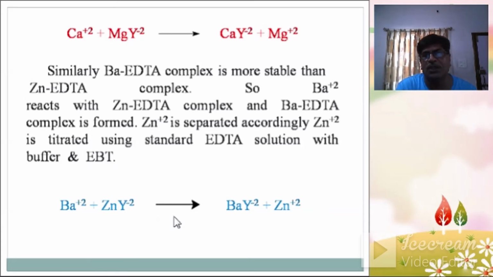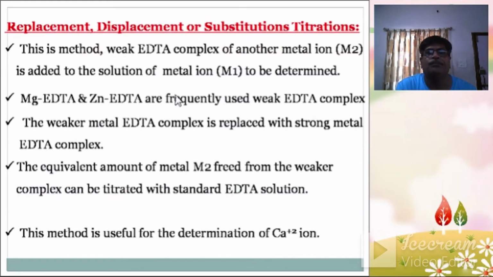Now let us discuss replacement, displacement or substitution titration in general form. In this method a weak EDTA complex of another metal ion M2 is added to the solution of the metal ion M1 to be determined. Magnesium EDTA and zinc EDTA are frequently used.